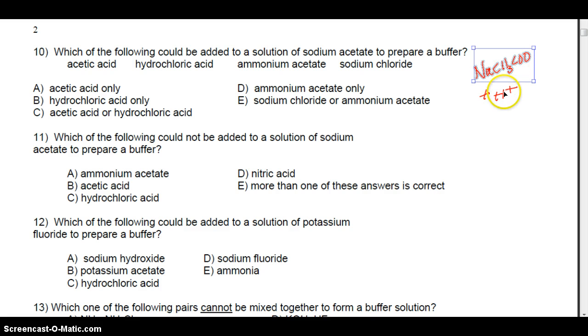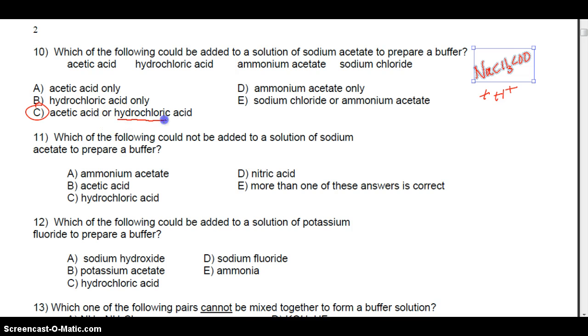They're going to make acetic acid. So by saying hydrochloric acid, that's a sneaky way of saying, look, we're going to take this salt, we're going to add some H plus, and you're actually going to make some acetic acid. So then you would have the two things you needed, acetic acid, which is your weak acid, and then the sodium acetate, which is your salt that contains the conjugate. Therefore, the best answer is going to be C, either of those.